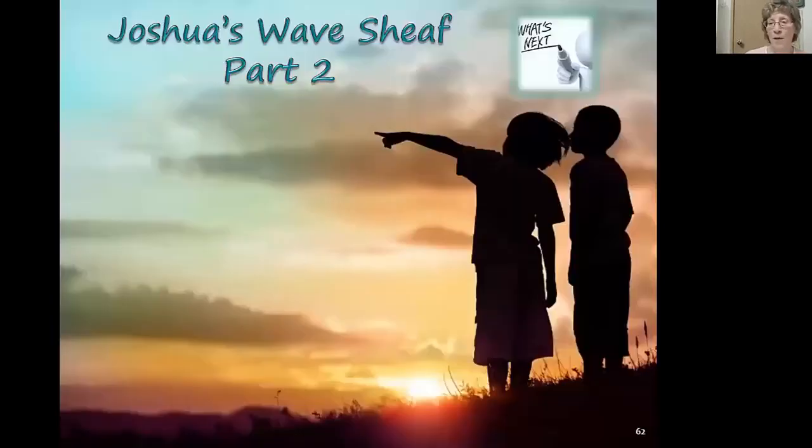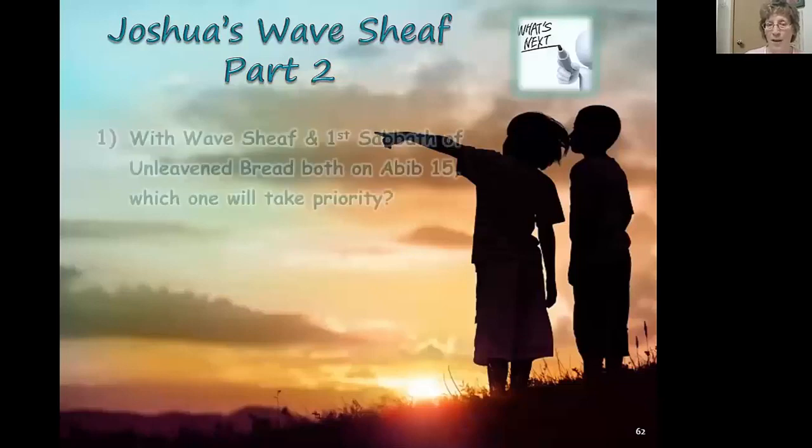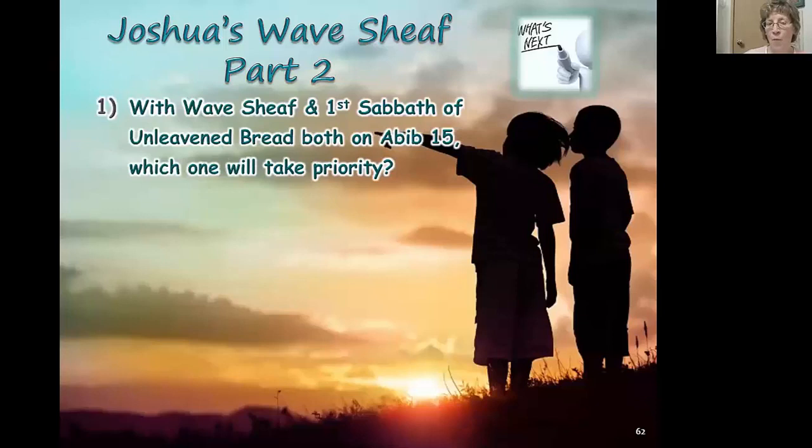Well, we're going to find out in Joshua's Wave Sheaf in part number 2. With the Wave Sheaf and the first Sabbath of unleavened bread both on Abib 15, which one of these takes priority?